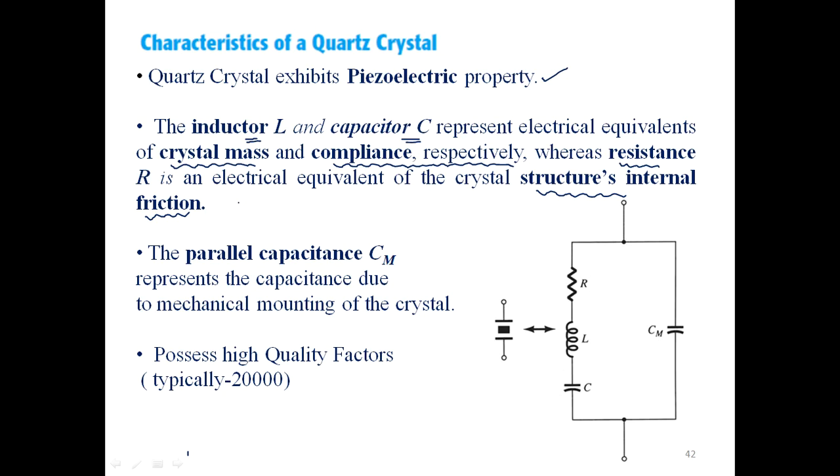There will be breaking of the bonds, and there will be an internal friction associated. So that internal friction can be electrically represented. Its electrical equivalent is nothing but resistance itself. Right? So now all together, converting the electrical equivalents, how do we get the equivalent circuit?